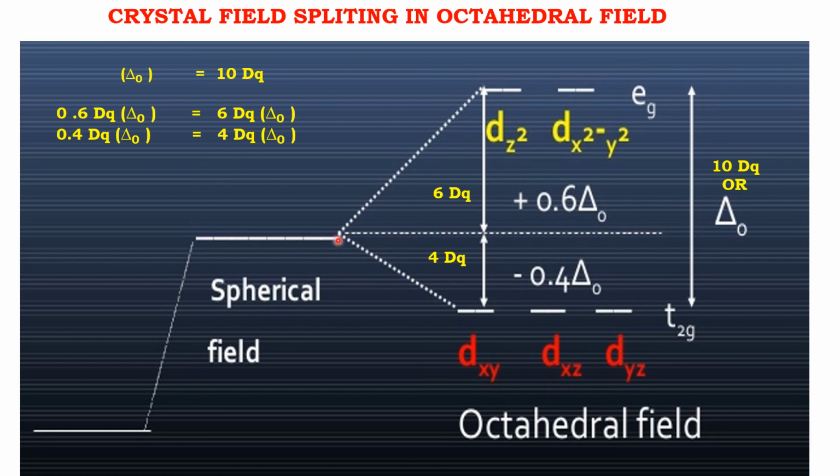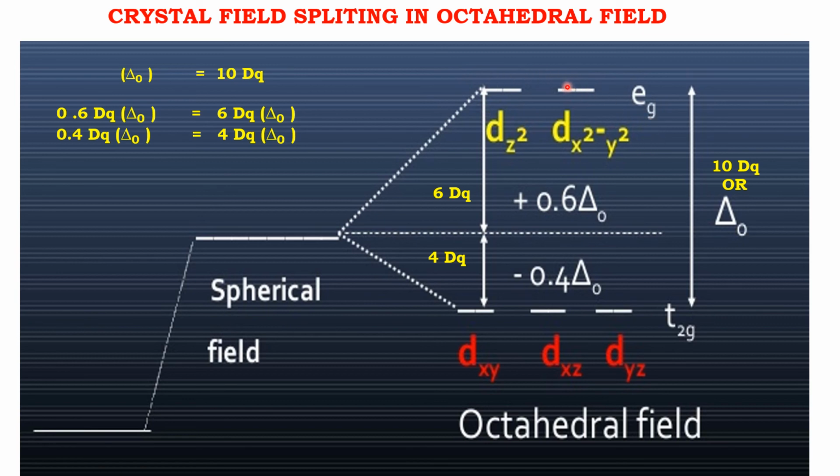So these 5 orbitals split into 2. 3 orbitals, dxy, dxz and dyz, are called T2g orbitals. T2g orbitals have lower energy than the degenerate d orbitals. And 2 orbitals, dz square and dx square minus y square, are called Eg orbitals and they have maximum energy.